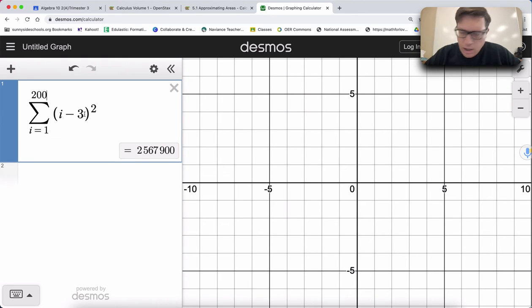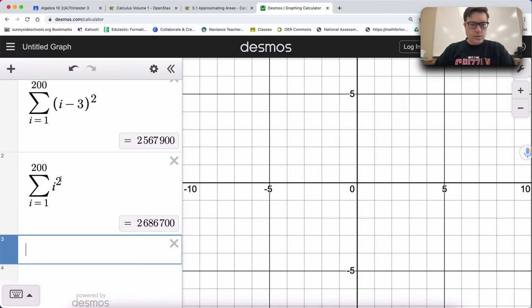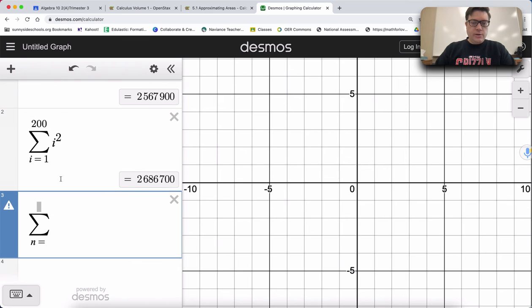I'm off by a little bit. I need to figure out where I'm off by. I'll show it in pieces. So the summation from i equals 1 to 200 of i squared. Then the summation from i equals 1 to 200 of negative 6i.